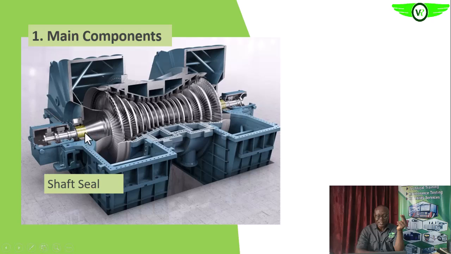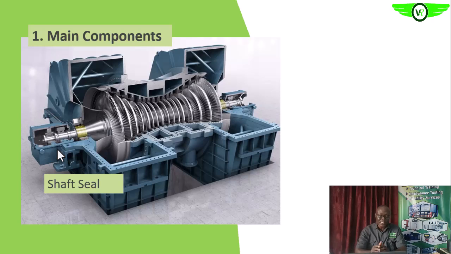And again, since we need a bearing at this end and we have steam coming out, definitely that steam will affect the bearing, will cause the bearing to operate at a temperature that is higher than that for which it is designed, and thus cause the early failure of that bearing.